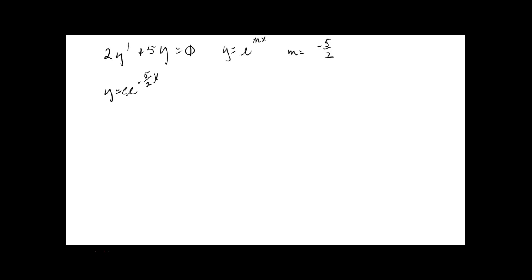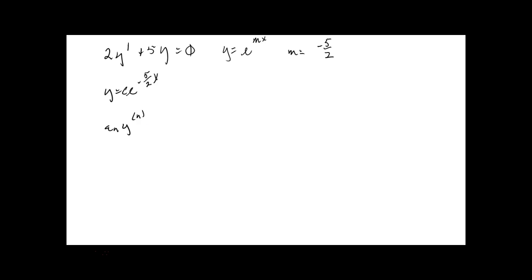Okay? Now, let's step it up a bunch of notches here and have a sub n. That's just a coefficient. That's not a function of x. A sub n, y, the nth derivative of y.